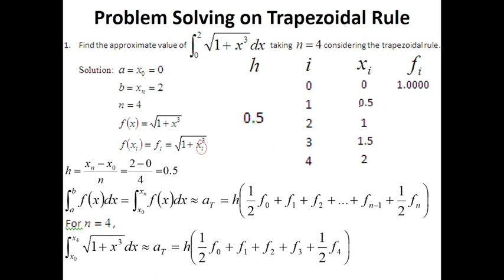Then we replace x sub i by 0.5, square root of 1 plus 0.5 cubed, we get 1.0607, then 1.4142, 2.0917, then 3. So 1 plus 2 cubed, that is 1 plus 8, 1 plus 8 is 9. Square root of 9 is 3. So we get 3.